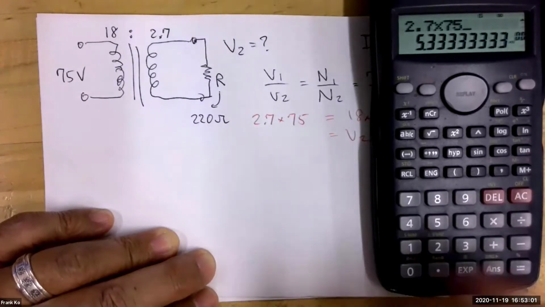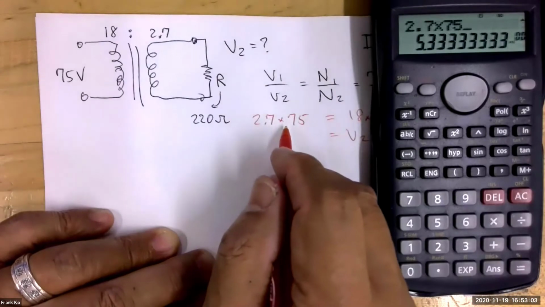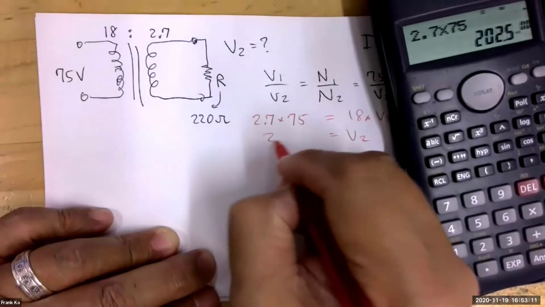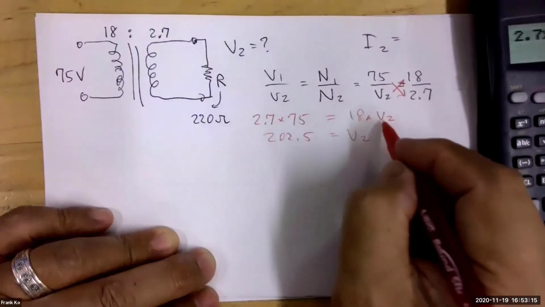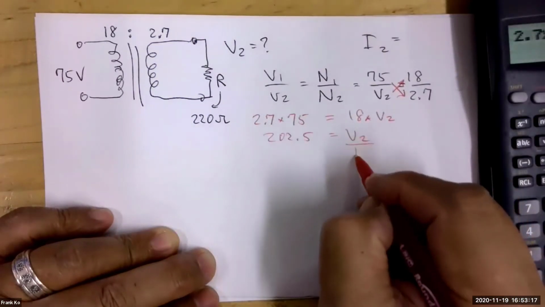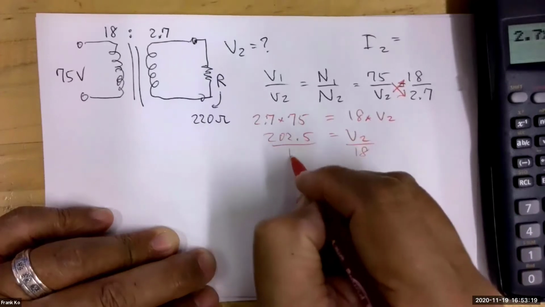Isaac, what do you have? 2.7 times 75. What do you have for this first part? I got 202.5. Excellent. So we will have on this side 202.5, and that's equal to 18 times V2. Then we're going to divide both sides by 18.